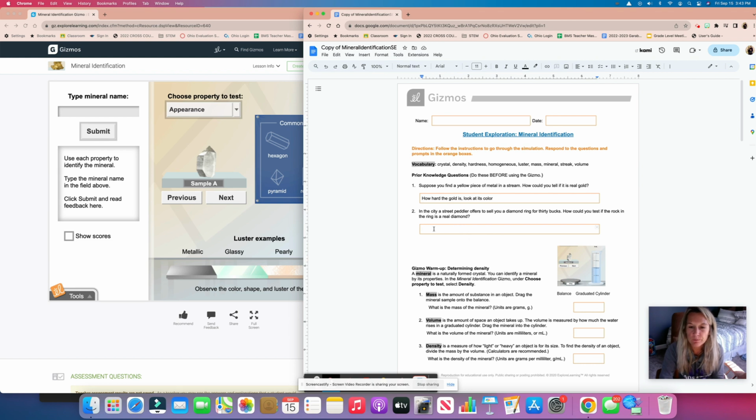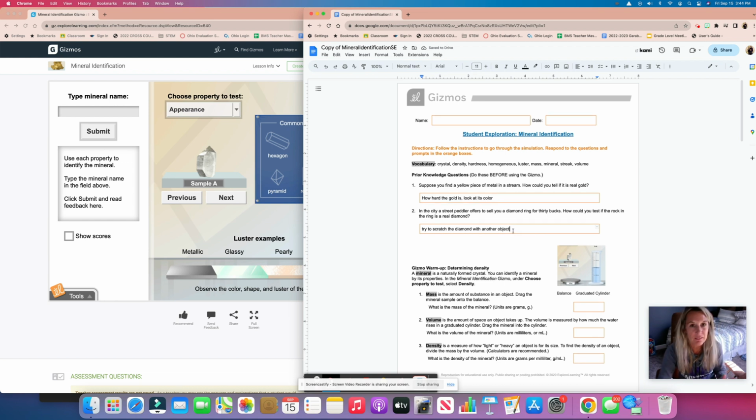The next one: in a city, the street peddler offers to sell you a diamond ring for 30 bucks. How could you test if the rock in the ring is a real diamond? Again, this is just what you would do. Some kids in class talked about how they may try to scratch the diamond with another object, because we talked about how diamonds are the hardest minerals.